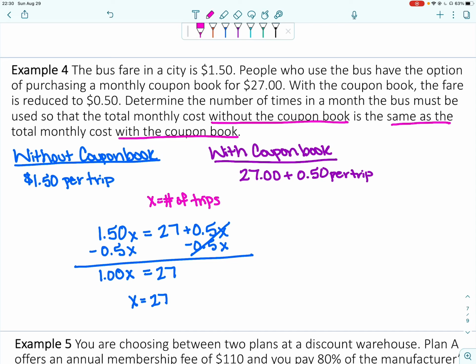So that's our answer. So it would take 27 trips for them to be the same price.